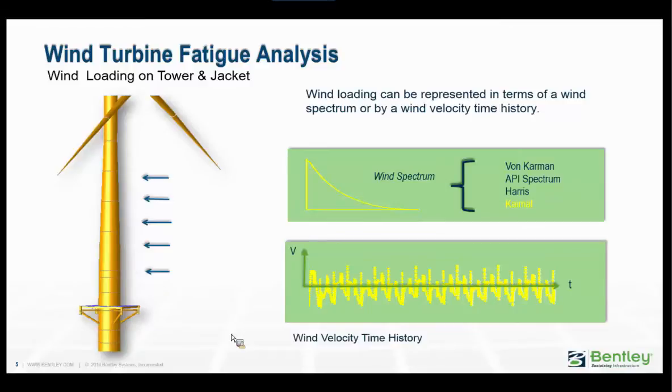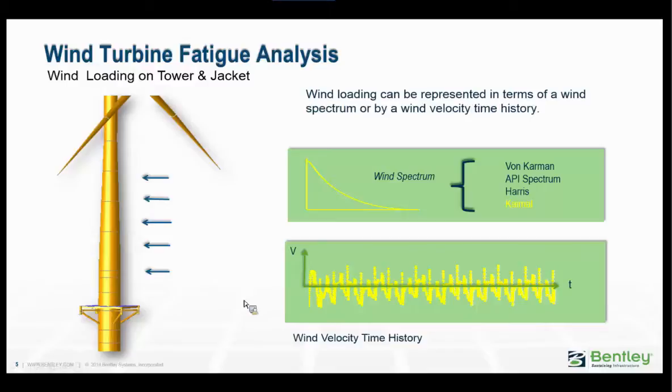Alternatively, there's a third option where you can apply discrete nodal time history loads also. The wind spectrums include basically the one common API spectrum, the Harris and the Camel spectrum. Now, the differences here are the API and the Camel are height dependent, whereas the one common and Harris are not.